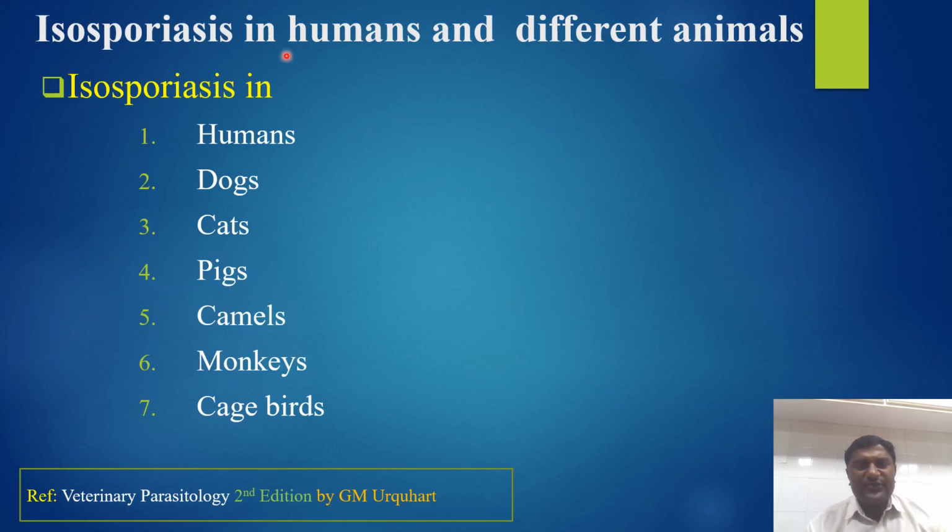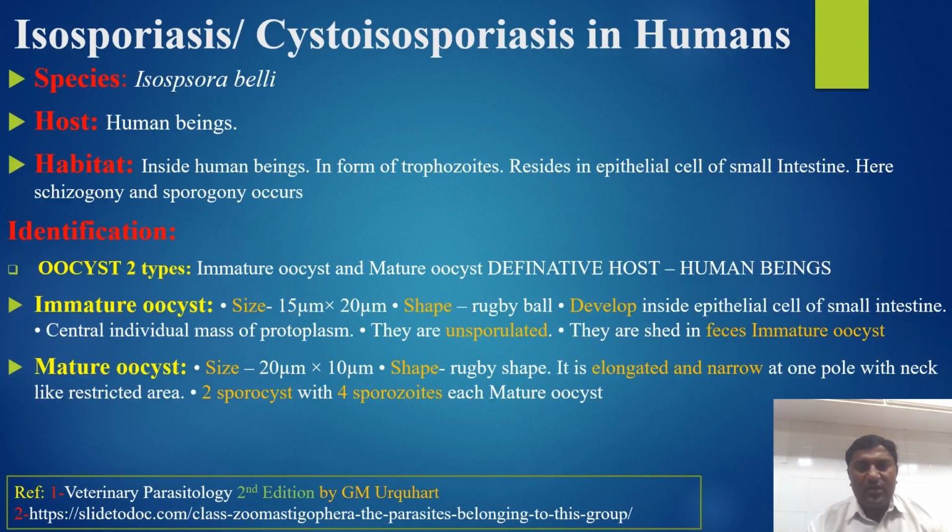So, isosporiasis in humans and different animals: isosporiasis occurs in humans, dogs, cats, pigs, camels, monkeys, and cage birds. First, I would like to talk about isosporiasis, or cystoisosporiasis, in humans.